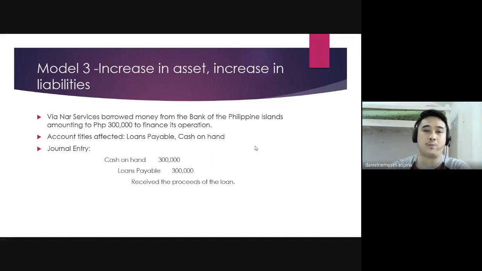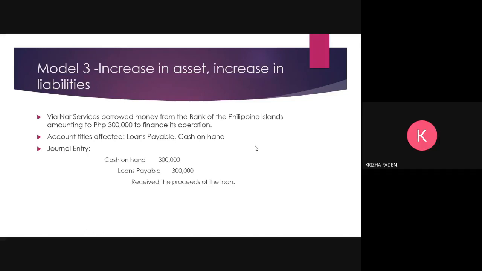So by the nature of liabilities, which side do they increase on? Credit. Okay, very good.